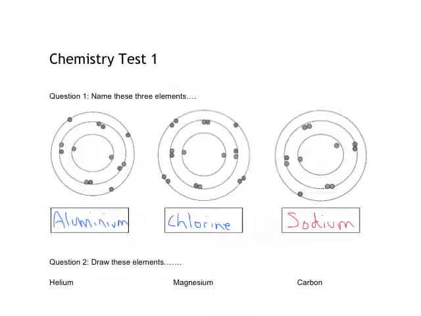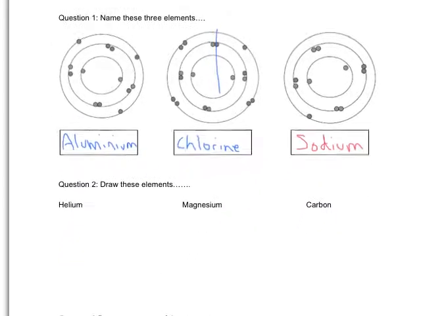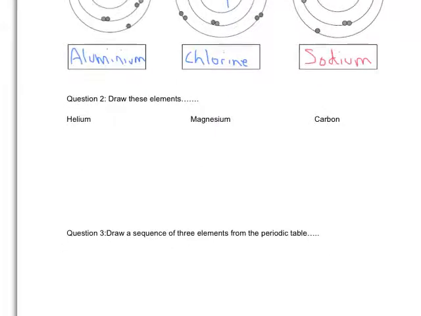Alright, let's go to question number 2. Let's go up a bit. Alright, now we have to draw these elements. Well, before we start drawing these elements, let's go and put things down. Helium has a Z, if you look at your periodic table, which is the atomic number, of 2.